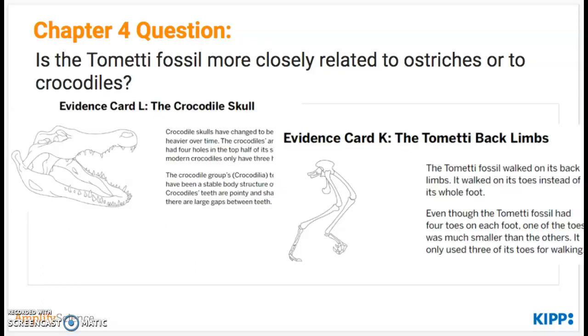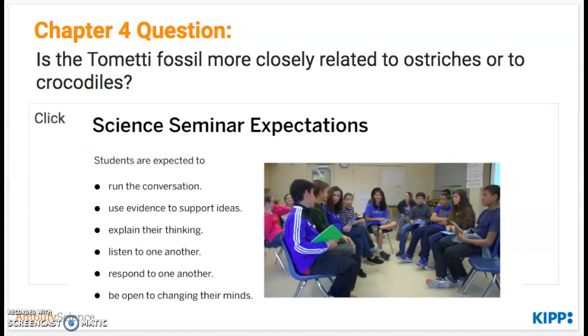Later, students are presented with evidence cards for each species and their traits, such as skulls and limbs. The culminating activity is a science seminar in which students are asked to conduct a discussion that aims to decide whether the fossil belongs in the crocodile or ostrich exhibit in the museum based on the evidence they analyzed.